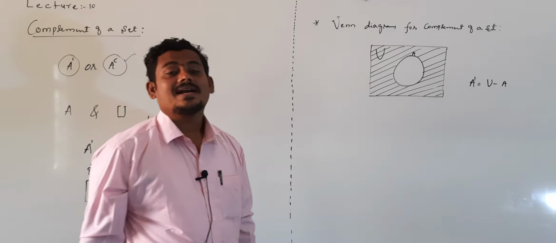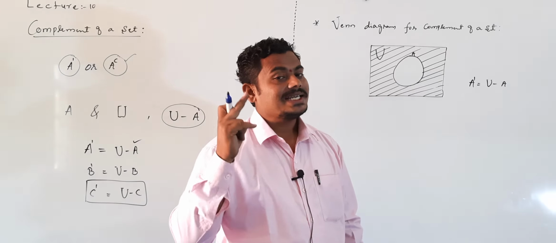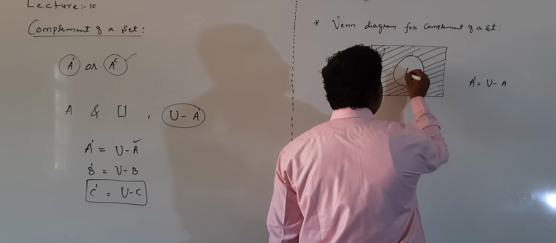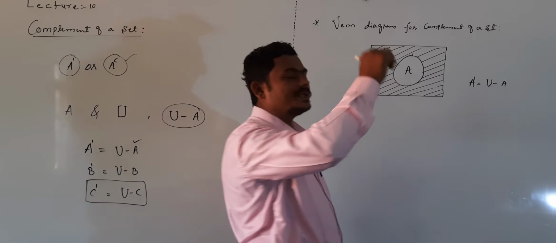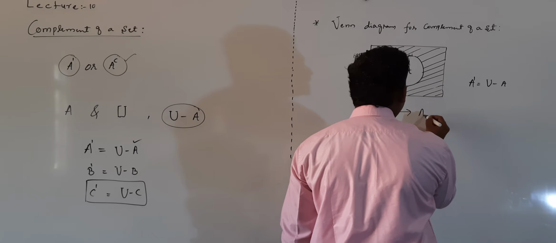What is the meaning of A complement? A complement means U but not A. This is set A. Unshaded region represents set A. Shaded region represents A complement.